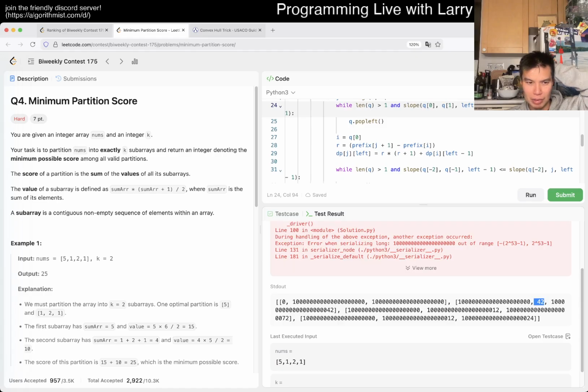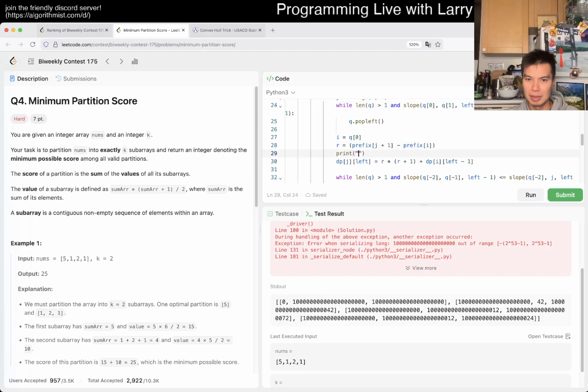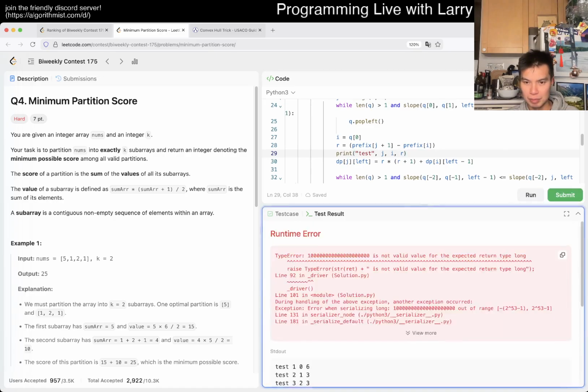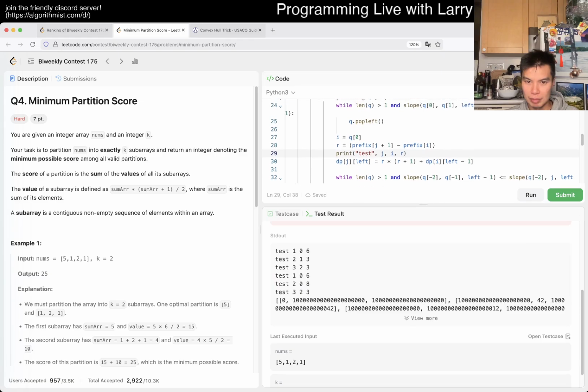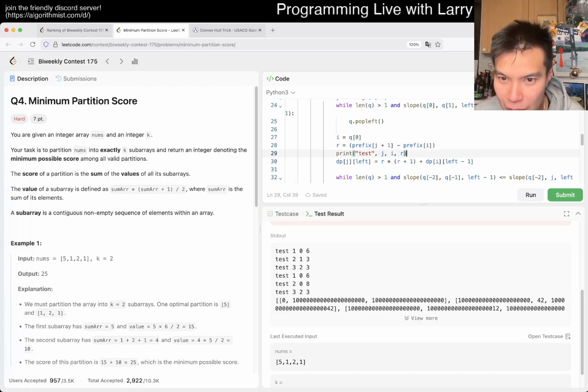How do you even get 42 from 6 plus... 6, 8, 9, what? J-I-R. Or, how do you have 42 though?